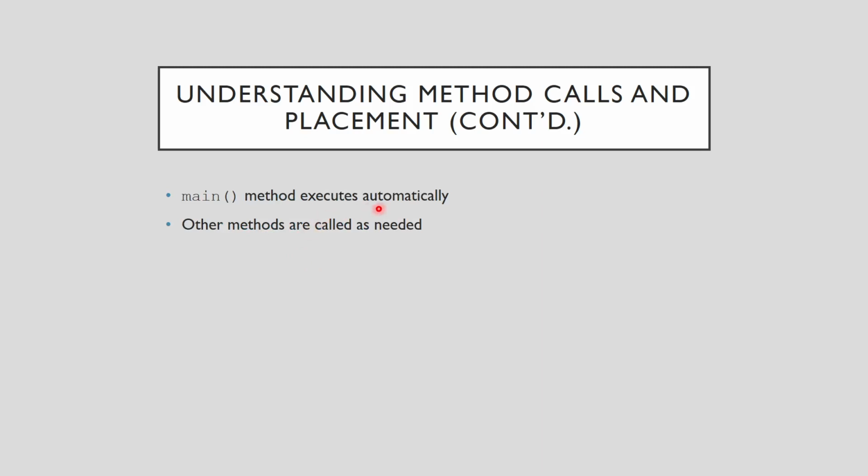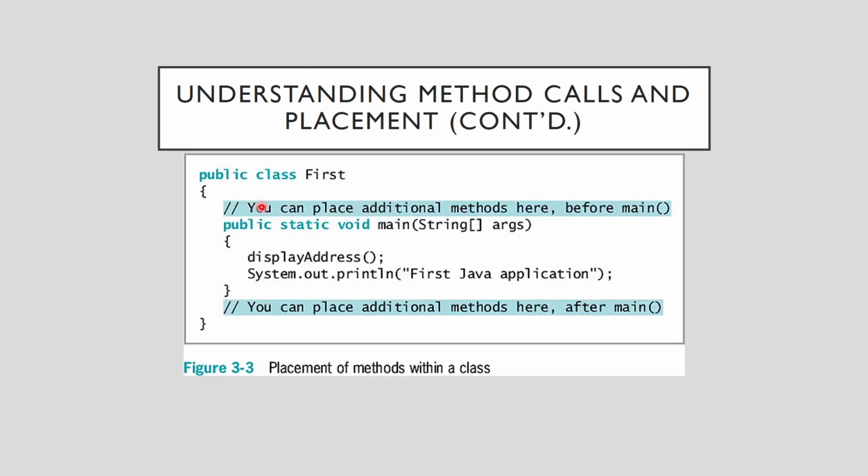Now, the method which is very important in any Java program is the main method, and here we can put our method calls. This figure shows the placement of methods within a class. We have the class named first and the main method, which contains the method call display address.